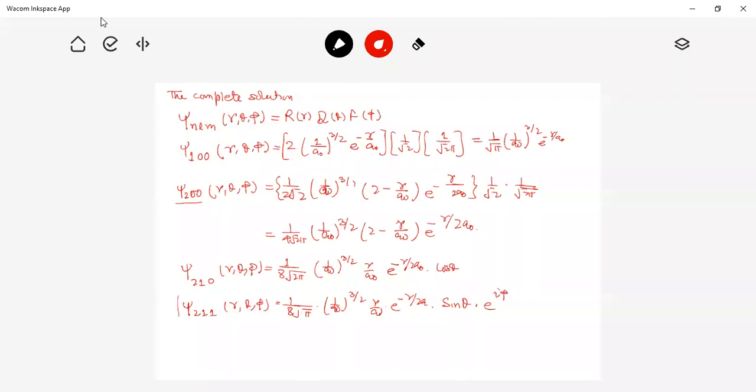So this one is a complete wave function in which we have all r, theta, and phi with a finite value.